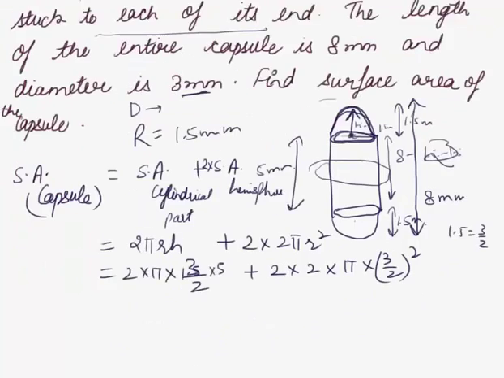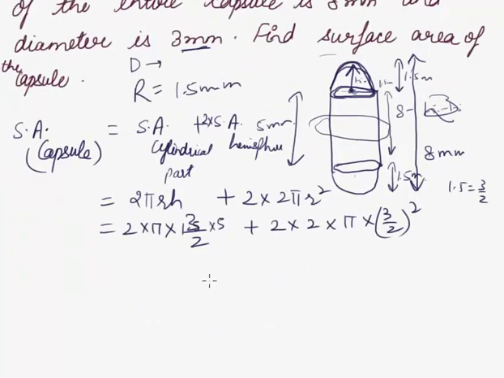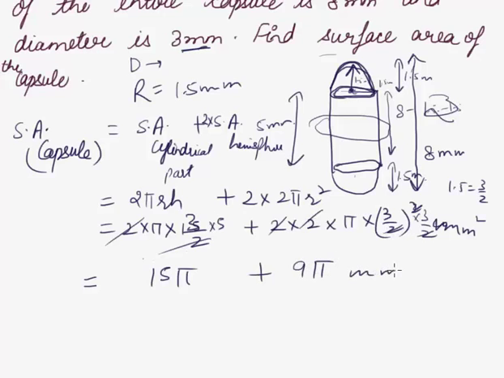To simplify the calculations, the answer will be in mm squares, because the dimensions used here are in millimeters. So this value will be 15 pi, whereas this value, on removing this square, it will be 3 by 2 again. So these two will be cancelled on numerator and denominator, and we will have 9 pi mm square.